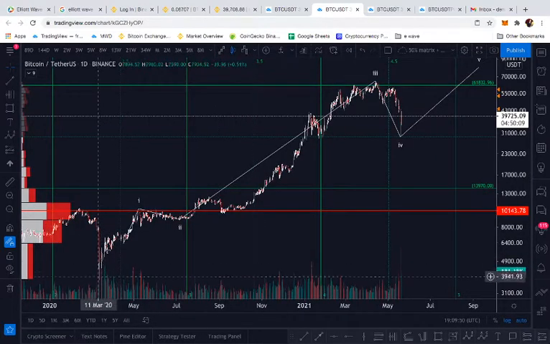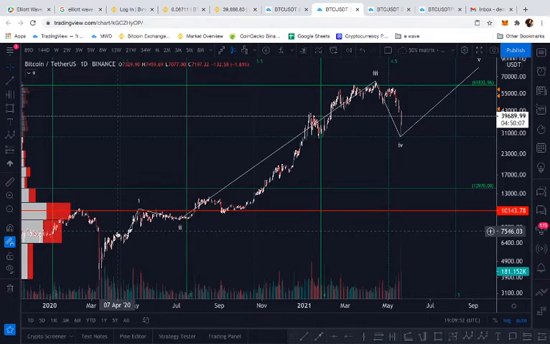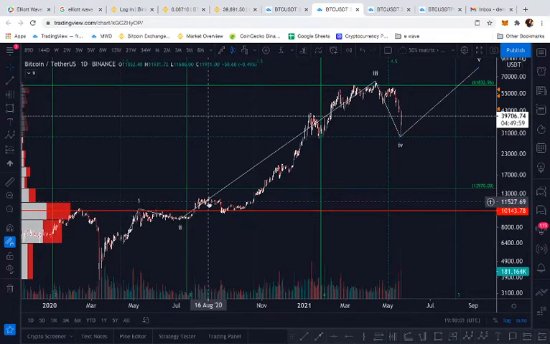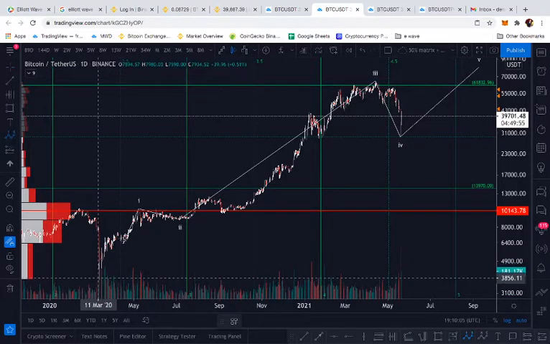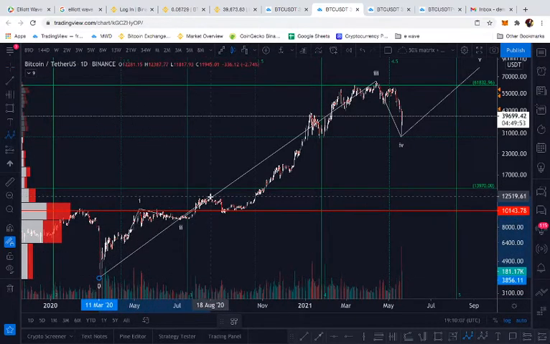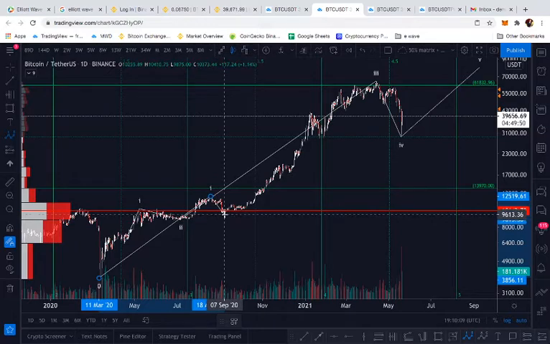So if this is 1, there are 5 clear waves in here, guys. If this is 1, this is 2, this could be 3, this could be 4, this could be 5. So then the wave would look something like this. To be honest, this looks pretty good. The only thing I have to say about this one is this wave 2.